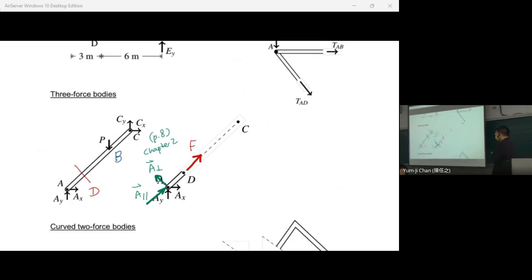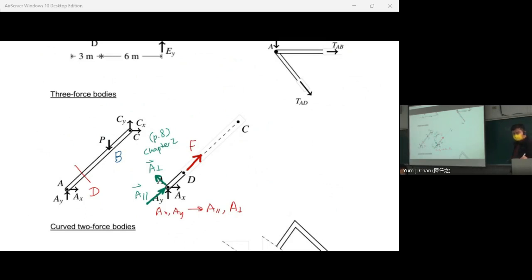Okay. Let's say AX and AY is written in A parallel and A perpendicular.